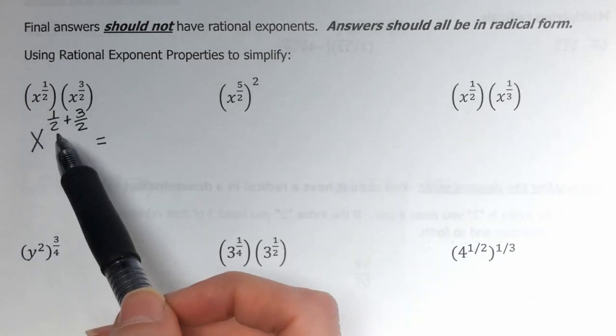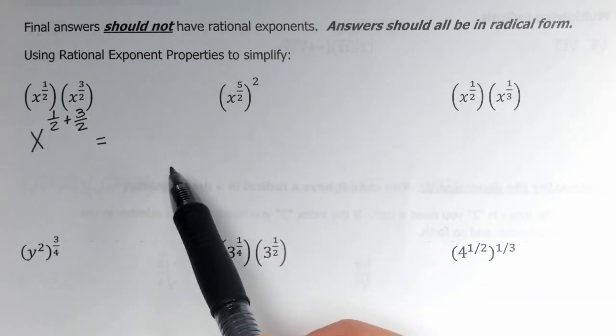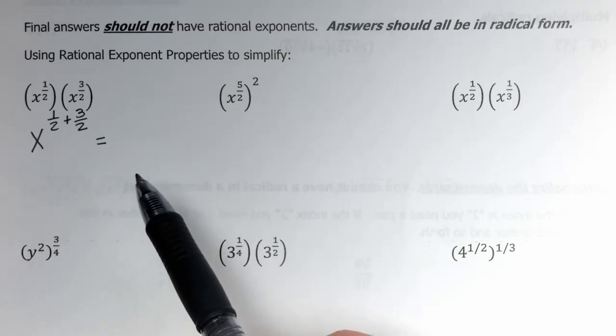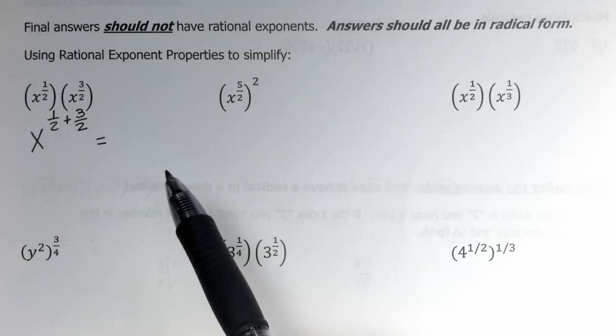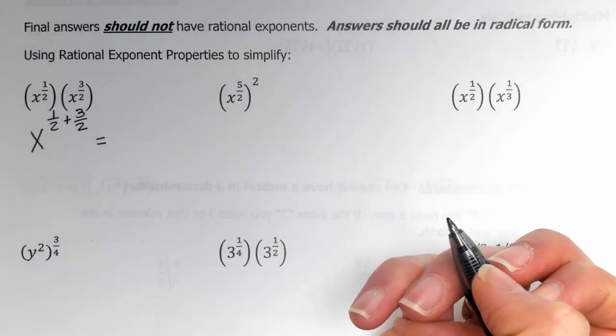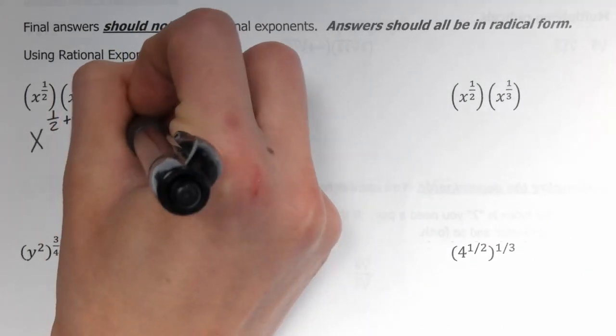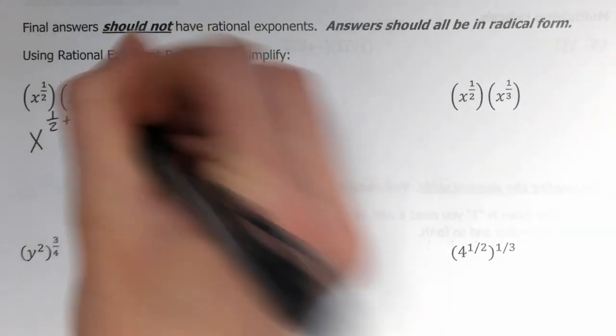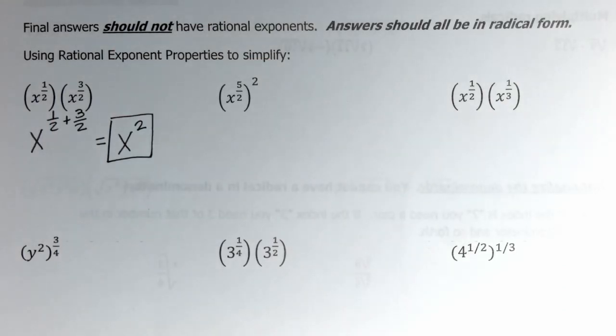That you could do in your head, but you have a calculator. I'm not taking the calculator away. You can use your calculator for the fractions, okay? So 1/2 plus 3/2 is going to give me 4/2, which is x to the second power, okay? Remember, for you to add or subtract fractions, they have to have common denominators, okay?